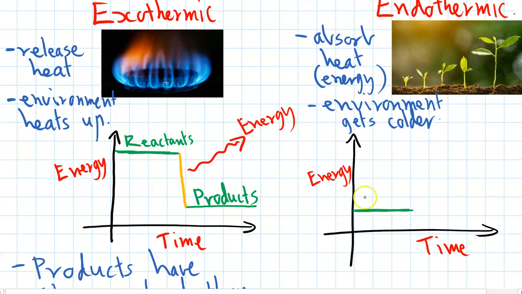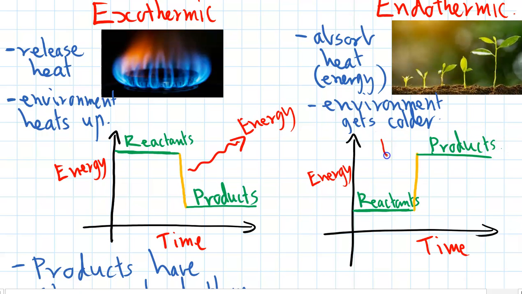So they have not much energy inside those chemicals. So we're drawing them low down on the energy axis. But then over time, as the reaction proceeds, then the energy of the reactants increases because they're sucking in all that heat, they're absorbing all the energy from the environment, so that the products have more energy at the end of the reaction.